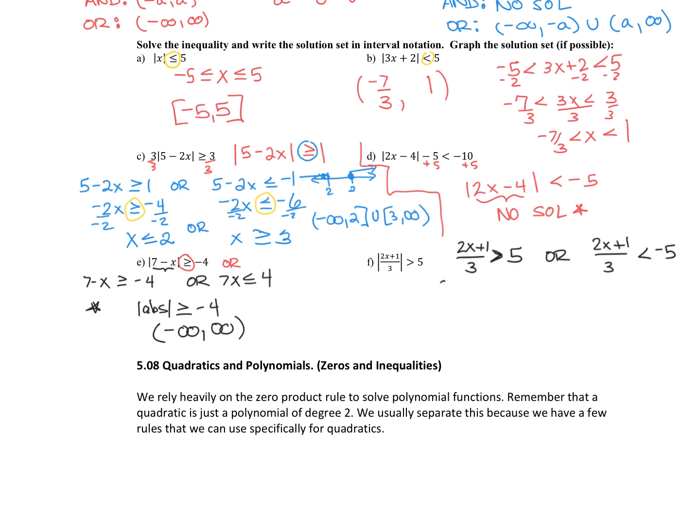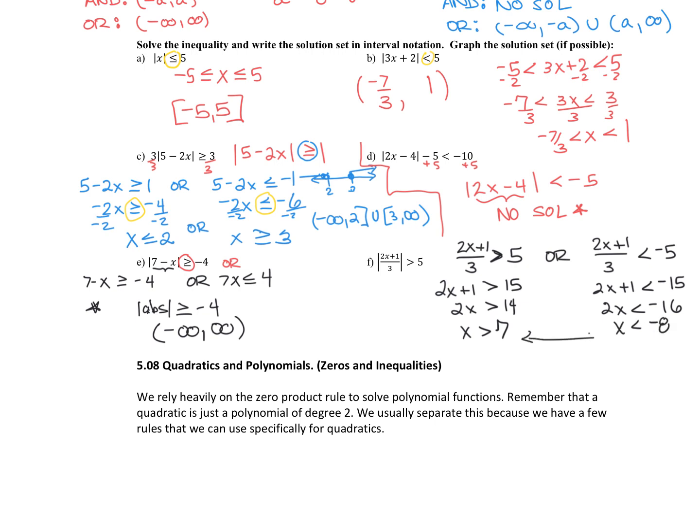If I multiply by 3, I get 2x plus 1 is greater than 15, or 2x plus 1 is less than negative 15. 2x is greater than 14, so x is greater than 7. And 2x is less than negative 16, so x is less than negative 8.